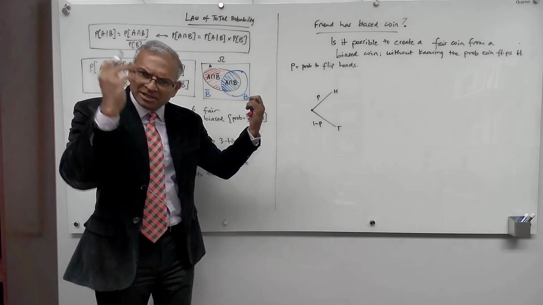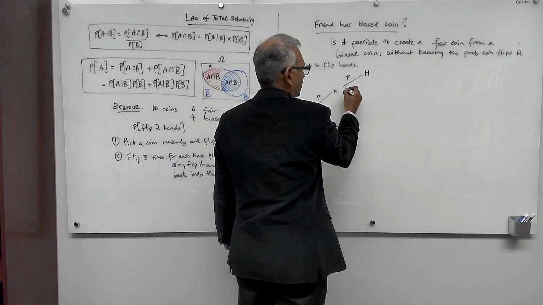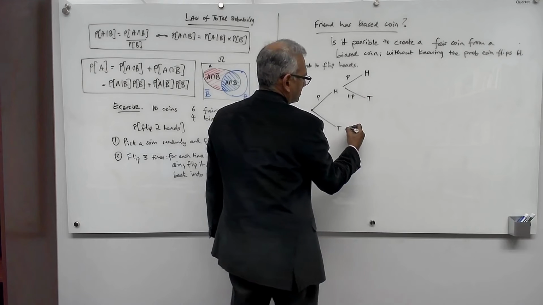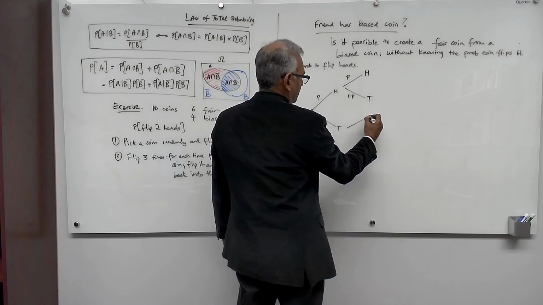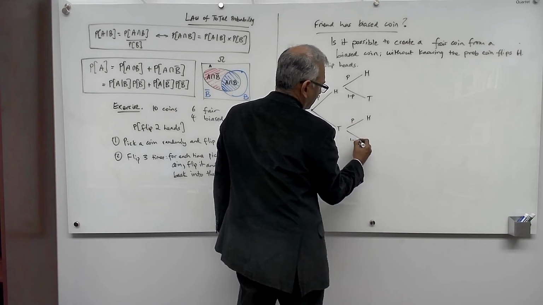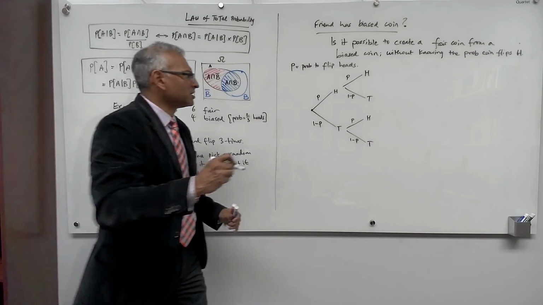Now flip it again. If you flip it again, this is heads with probability P, tails with probability 1 minus P. And if you flip it again, in this case it's going to be heads with probability P, and tails with probability 1 minus P. So these are the outcomes.